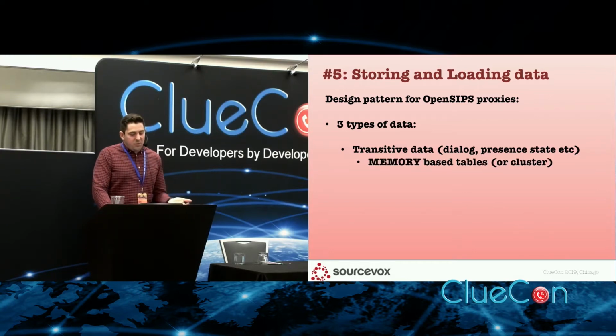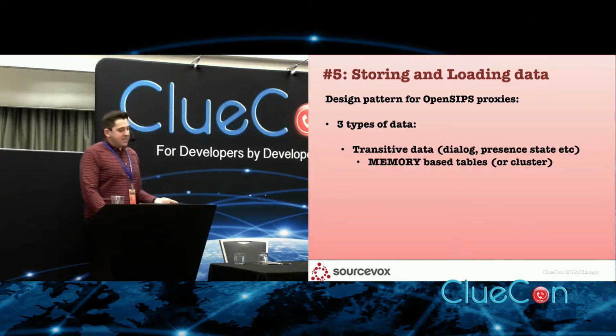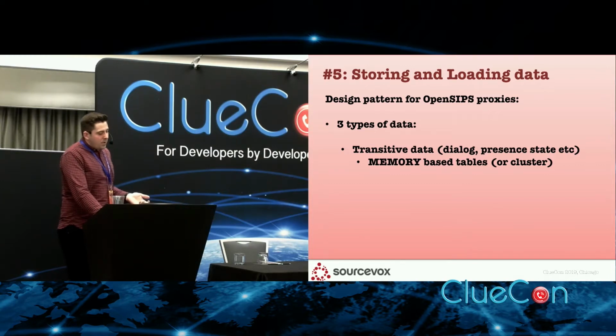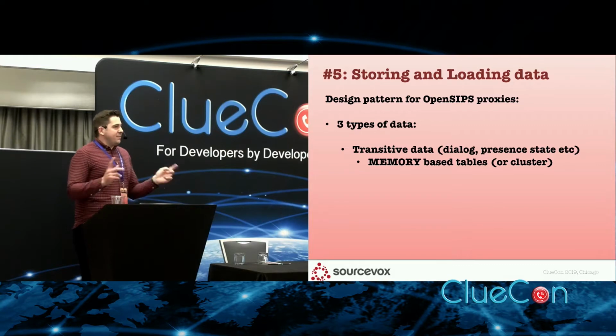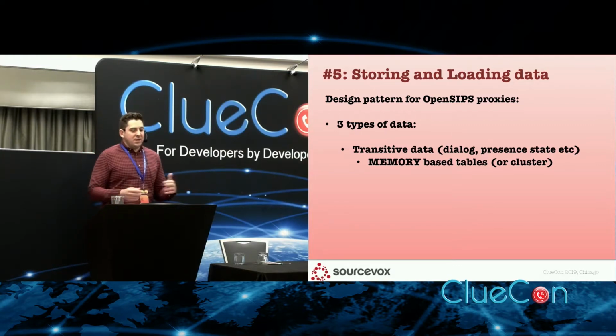So what we come up with is we tend to store that in a memory-based table. I think it's called a heap table type in MySQL. Or you can share that between OpenSIPS with the clustering module. And the idea behind this is if the OpenSIPS fails, we don't really care about retrieving that data too much.